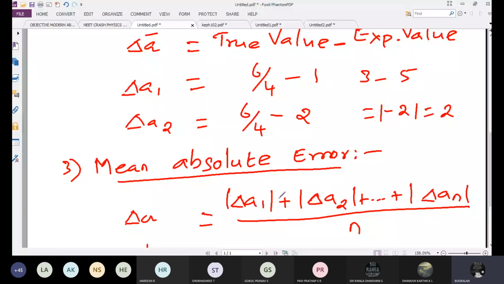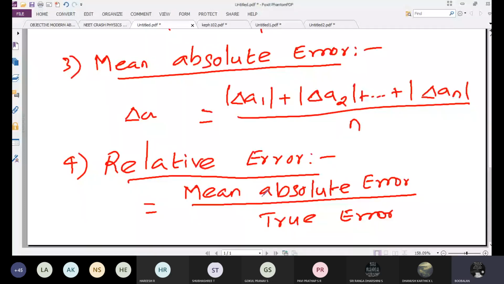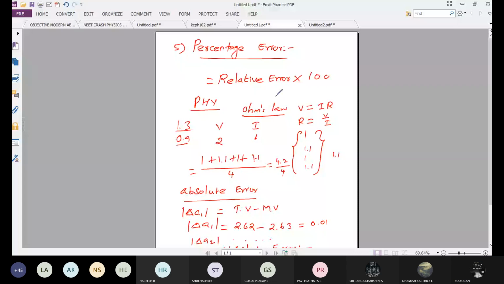Percentage error: relative error into 100. Range: true value plus or minus mean absolute error. So use these 6 formulas to find the values for this question.